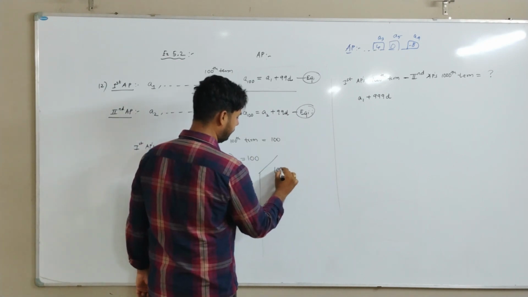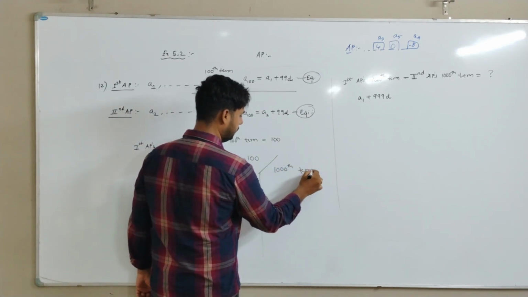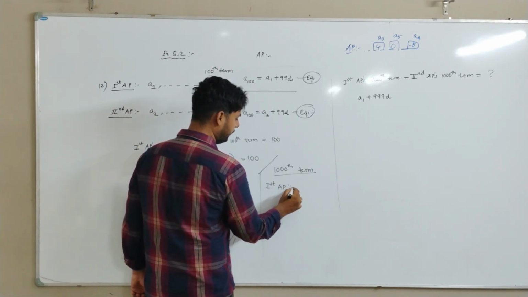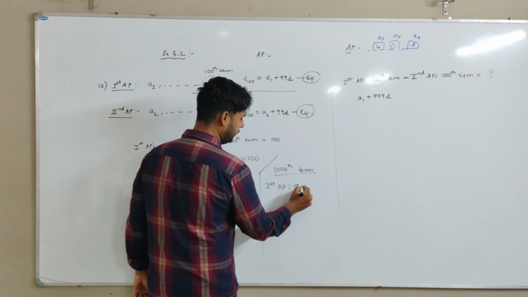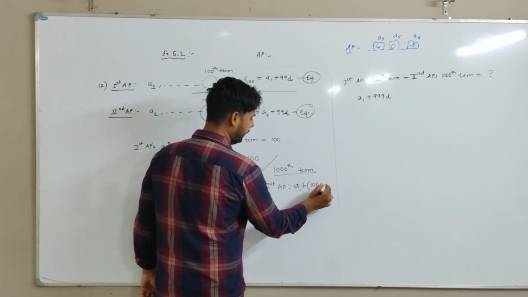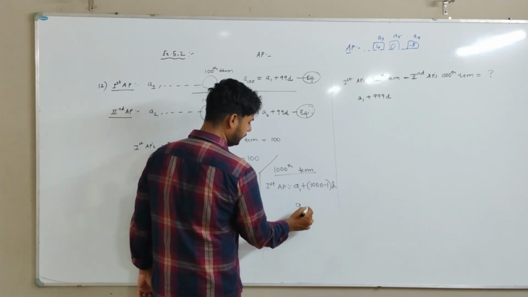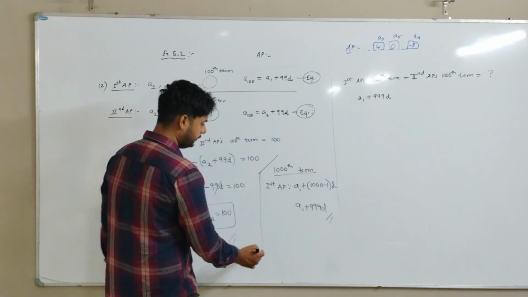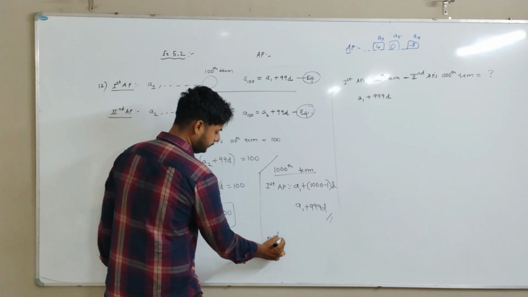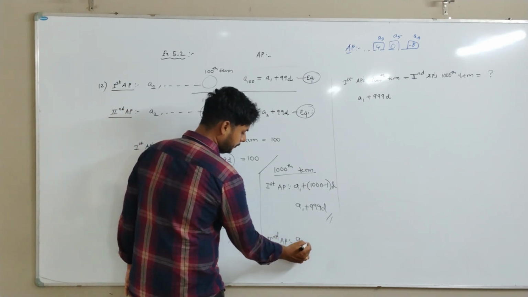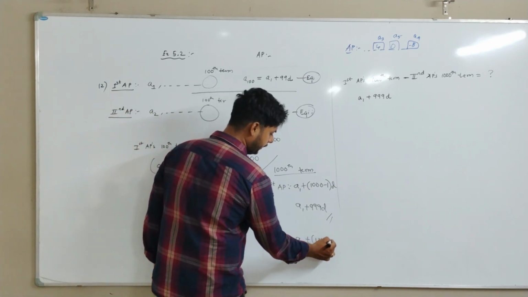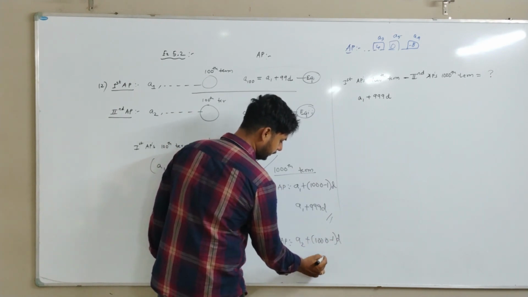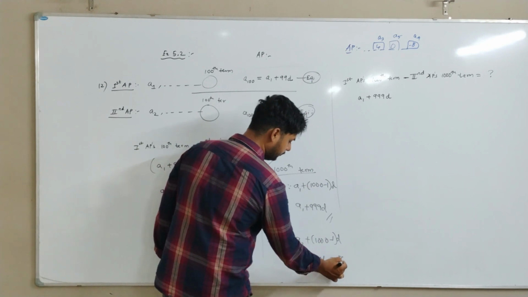Now we are doing the 1000th term. For the first AP, the 1000th term will be A1 plus (1000 minus 1)D, that is A1 plus 999D. This is the first AP's term. For the second AP, A2 plus (1000 minus 1)D, A2 plus 999D. This is the answer for the second AP.